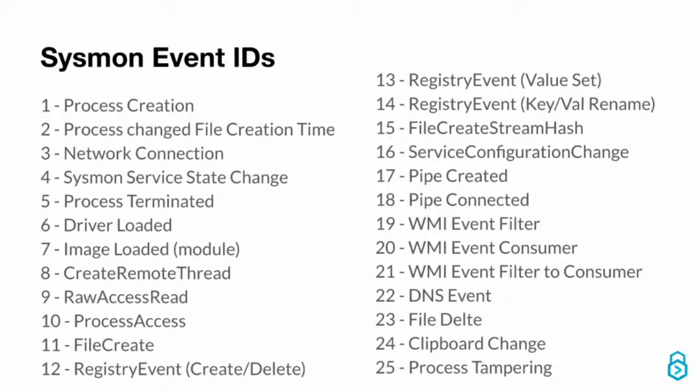Some other ones that I find interesting: I love to see network connections when I'm doing threat hunting, process creation, like what's happening on the system, and files being created can be interesting. But some of the newer techniques, I guess they might not be as new anymore, are starting to use WMI event consumers and things like that for execution.